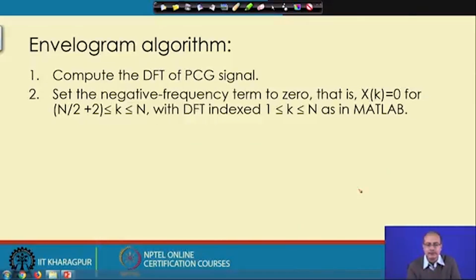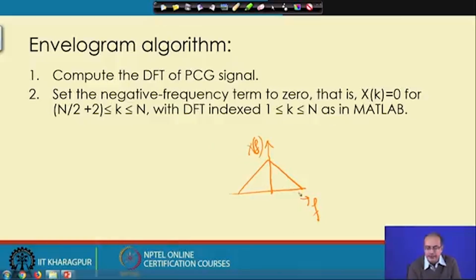We know some characteristics of the analytic signal: unlike our real signal, the analytic signal has presence only on the right side of the frequency axis. That means, if we have a real signal with a spectrum like this, here is the amplitude and this is the frequency, say X(f).